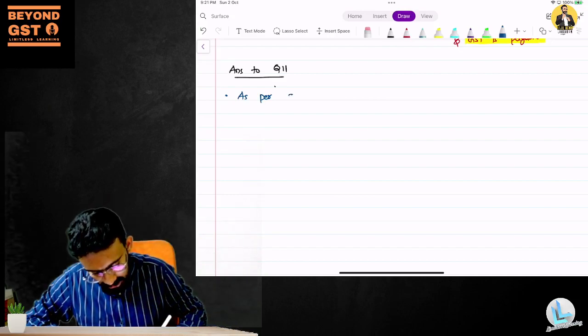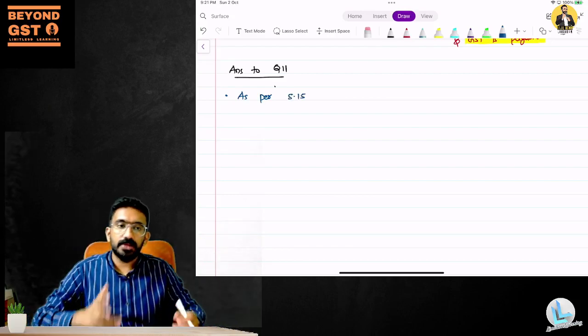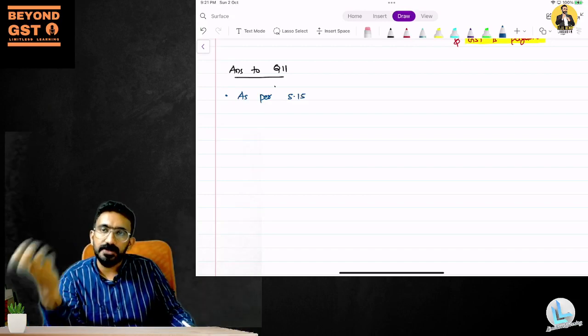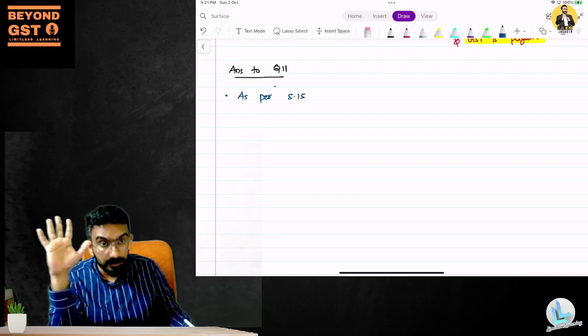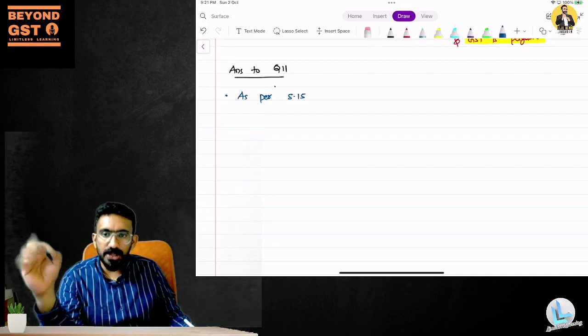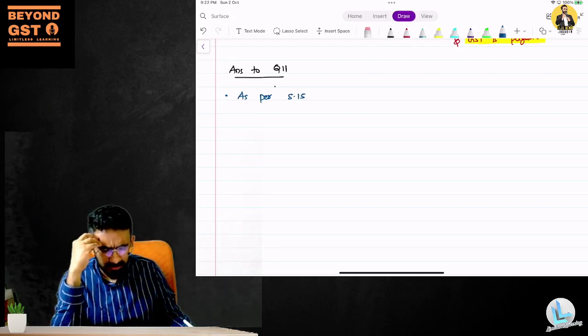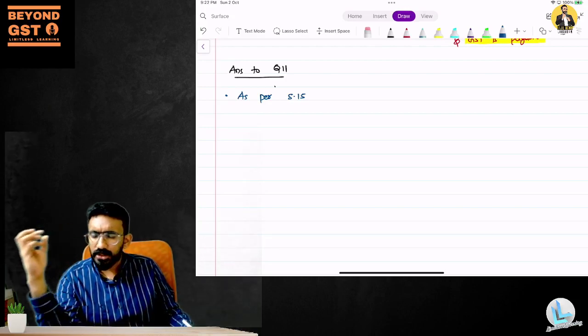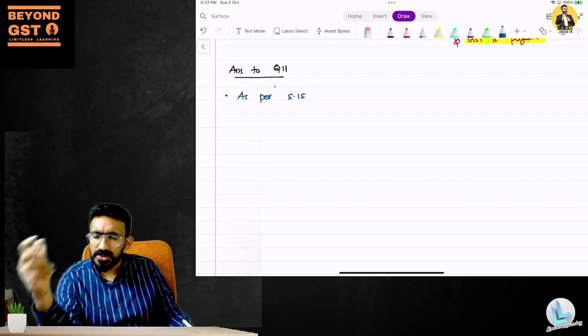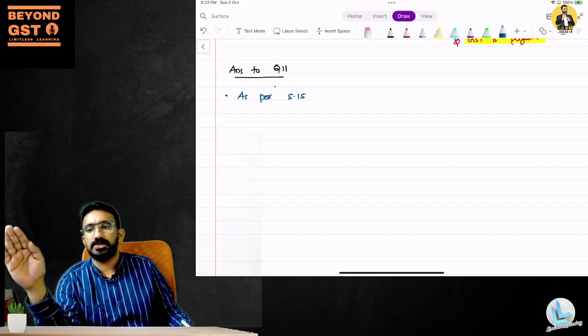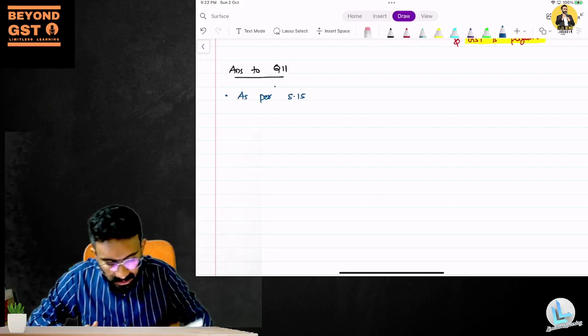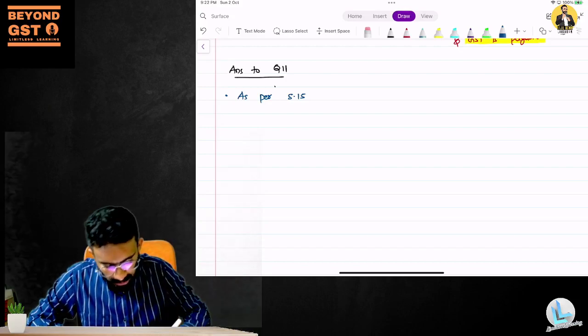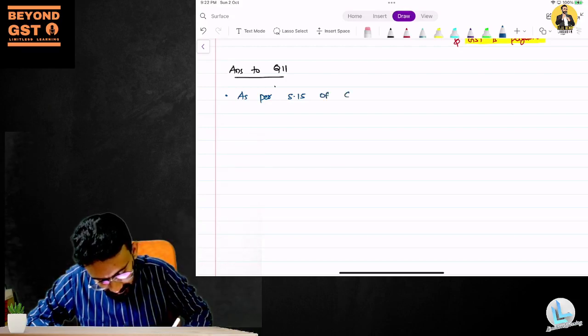So as per section 15, if you write only section 15, you don't write 15 subsection 2 clause E, you will still get full marks. So in the examination hall, if you're having even slightest confusion, is it clause A or clause B, or is it clause D or clause E, don't write the clause, just write section 15, or write 15(2) if you're very sure, of CGST Act.